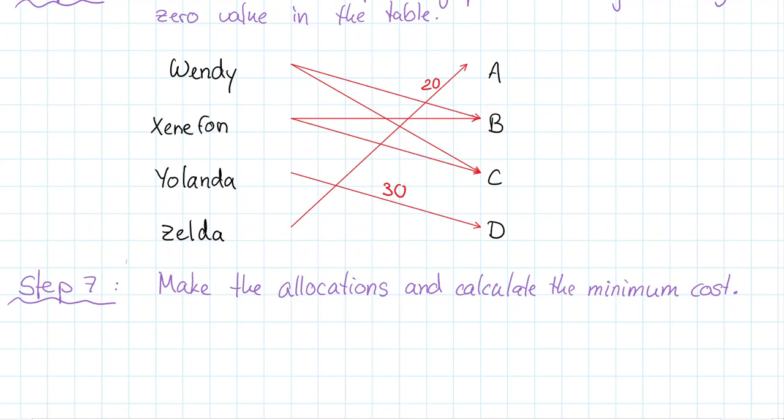So what we have to do now is have a look at the values. If Wendy operates machine B, it's going to take 40 minutes. Hang on, so we've got the 30, we've got the 20. So if Wendy operates B, we have 40. And that means Xenophon then needs to operate C, and that would be 40 minutes.